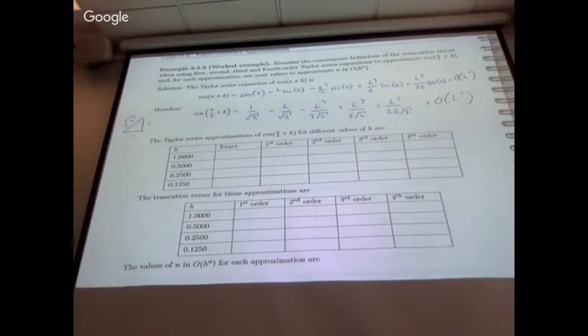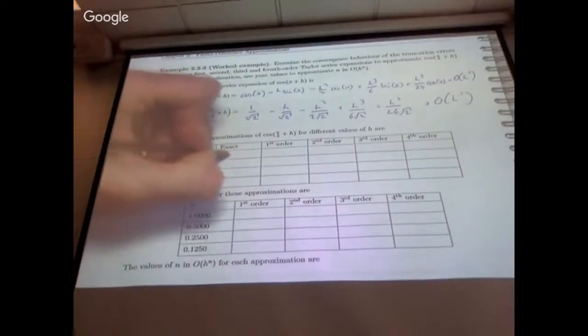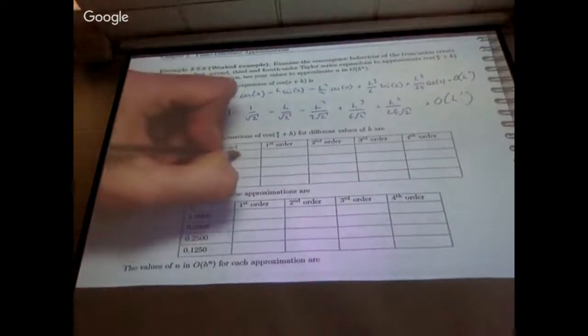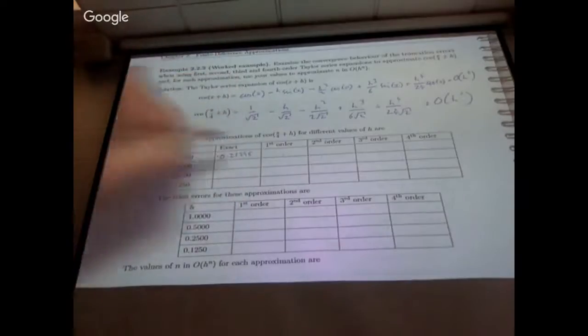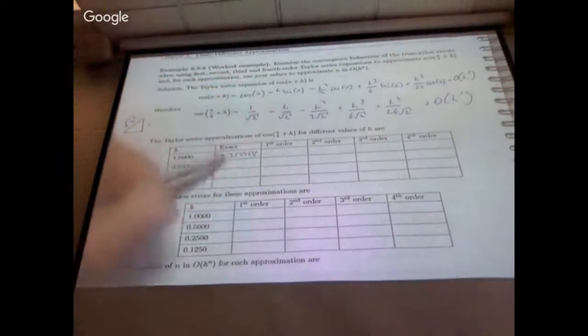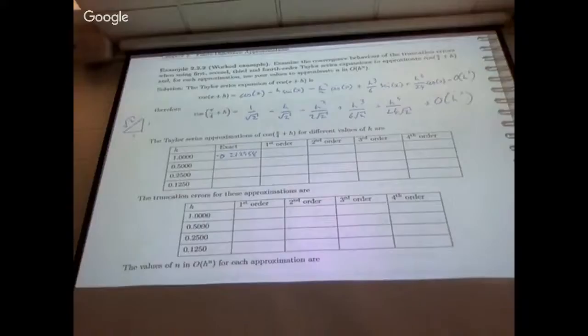Nobody? 0.80. Should be around 0.2-ish. Minus 0.2129. Right, 0.21295. Keep going. 8. We go 6 decimal places.